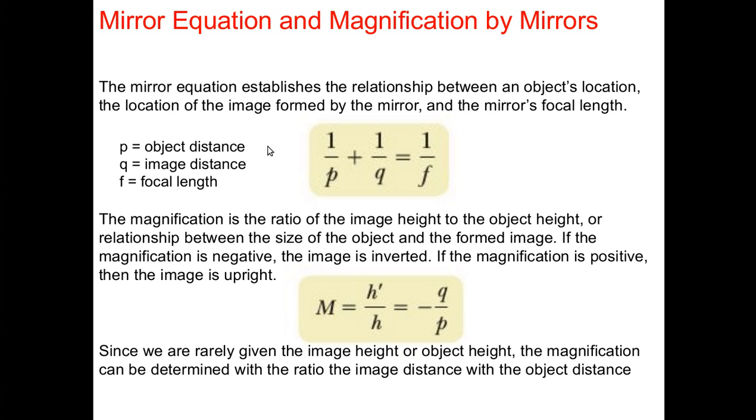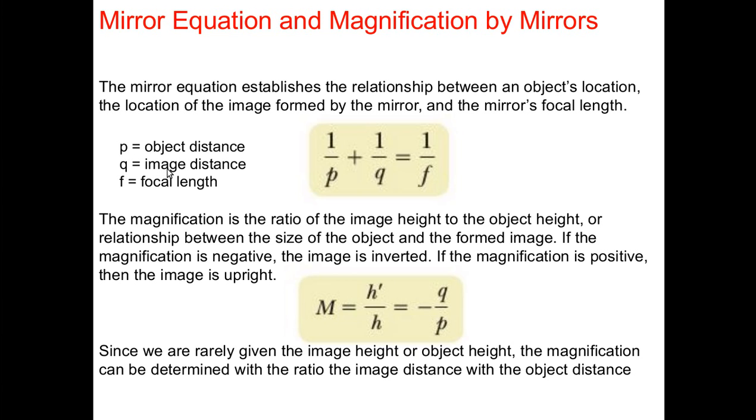So now we have to talk about the image formation by the mirror in terms of our physical values. Some textbooks use different notation, but the most common is this here. We use the lowercase p for the object distance, so that's how far the object is from the surface of the mirror.